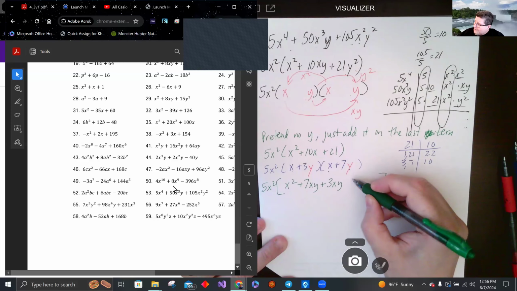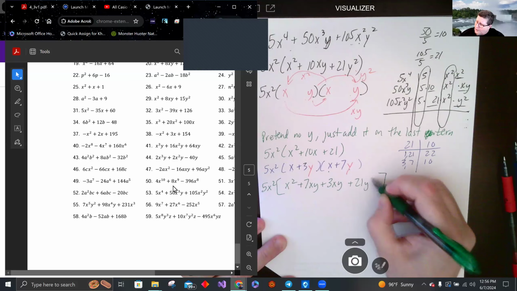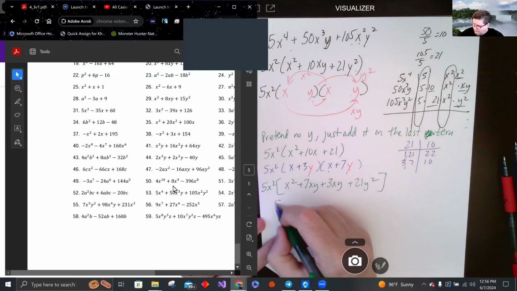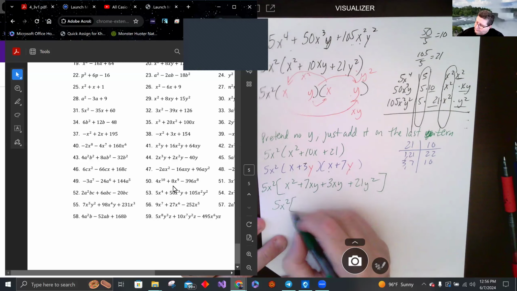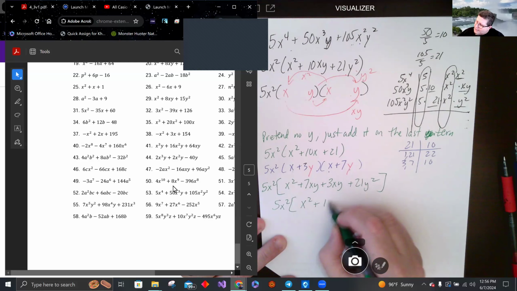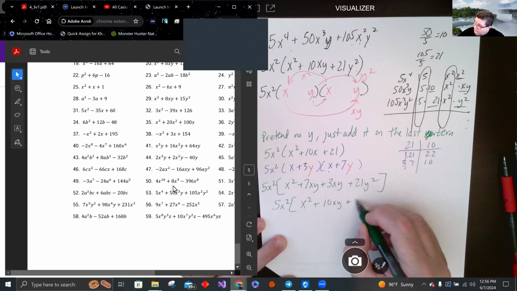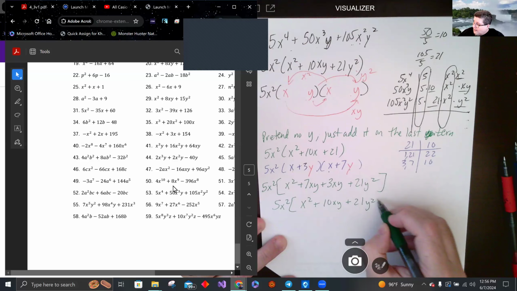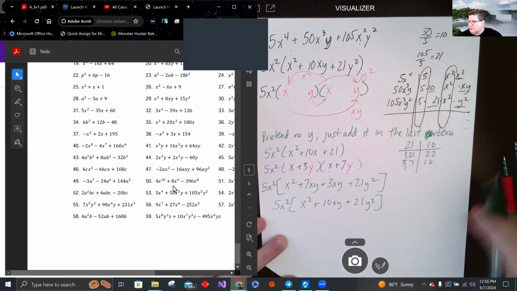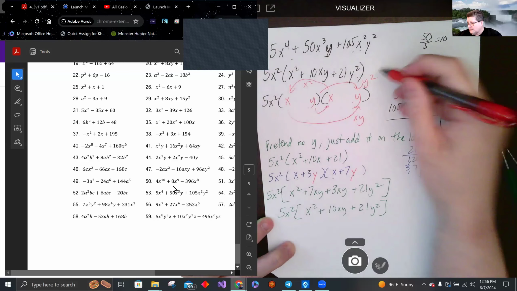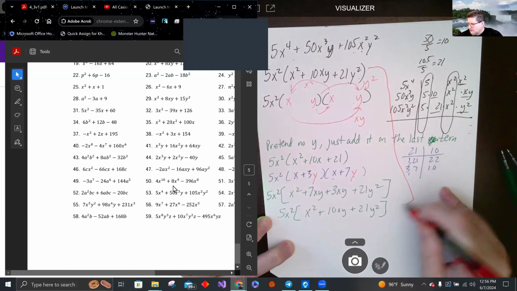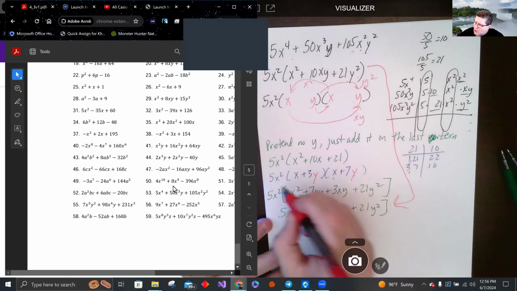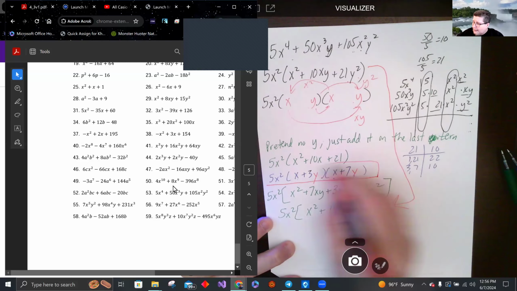And 3y times 7y is 21y squared. Combining the like terms in the middle, I see that I do get what I had up here. Look at that. So it might be easier to look at with no y, just remembering to put the y back in.